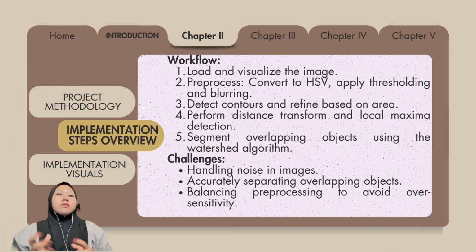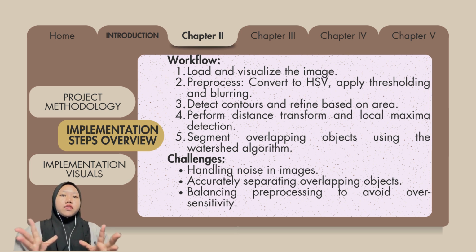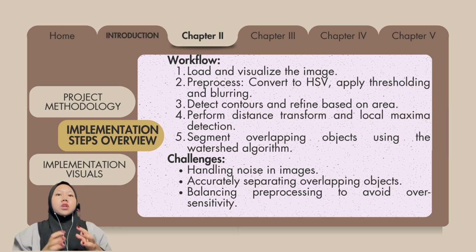Next, this slide provides an overview of the steps we followed. First, we loaded the image and converted it into the HSV color model to isolate the color information. Next, we applied thresholding to create a binary image and blurring to reduce noise.